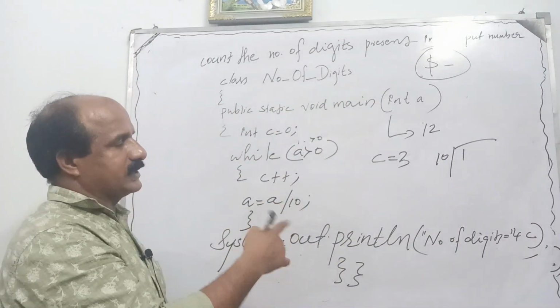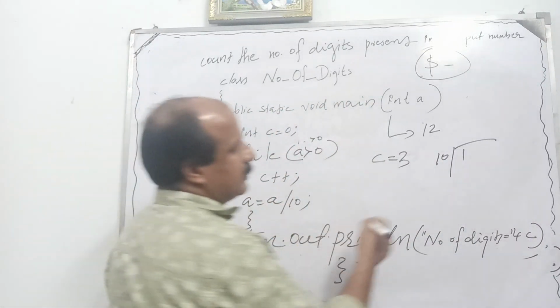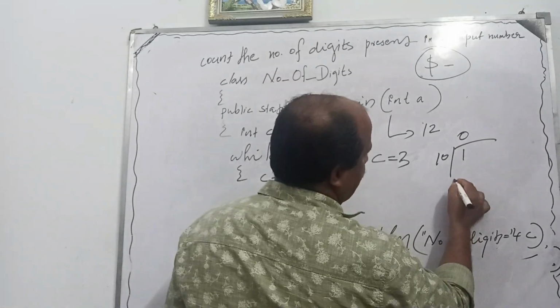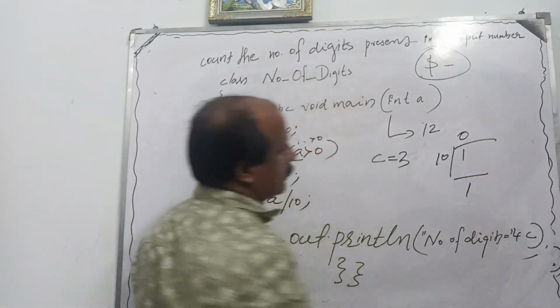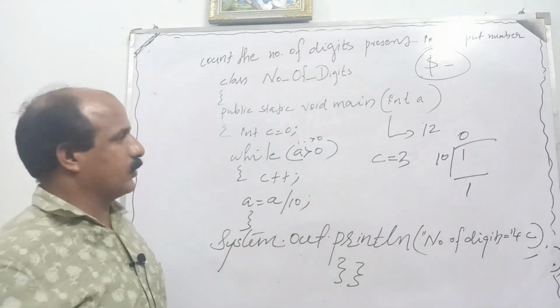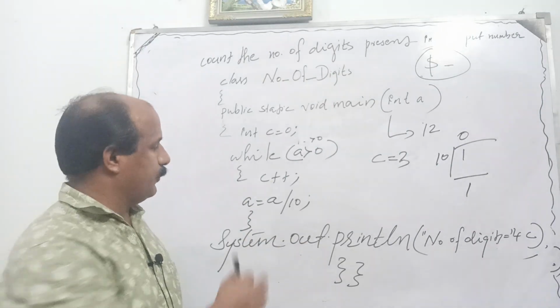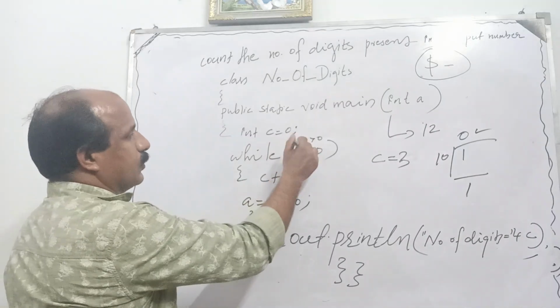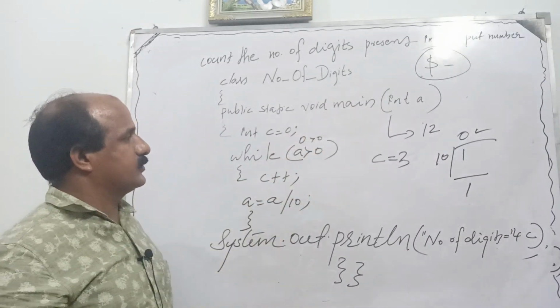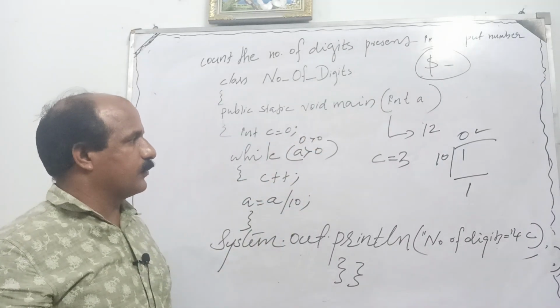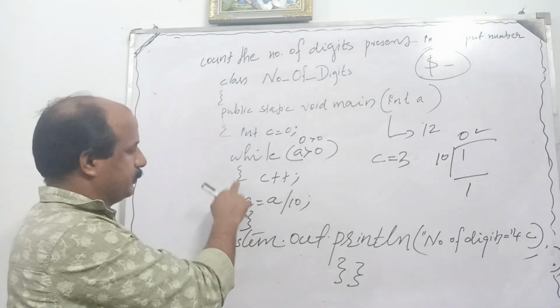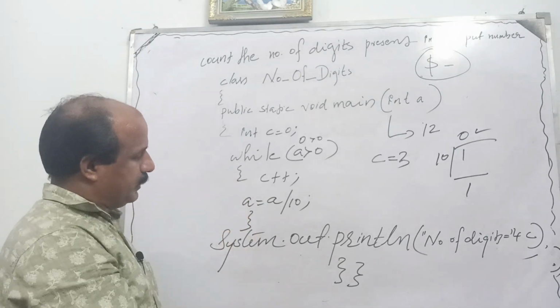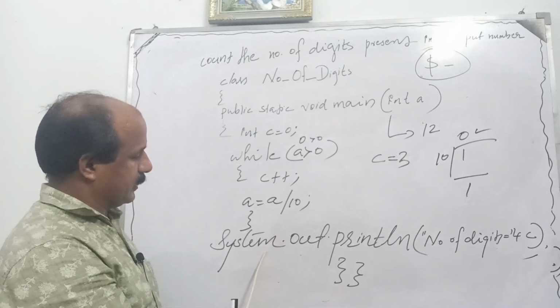How many times does 10 come in 1? 0 times. And this entire 1 will be the remainder. This division is very important. Now what is the new value of a? A becomes 0. 0 greater than 0. Is it true or false? It is false. False means out of the loop. Control will be out of the loop, that is here.